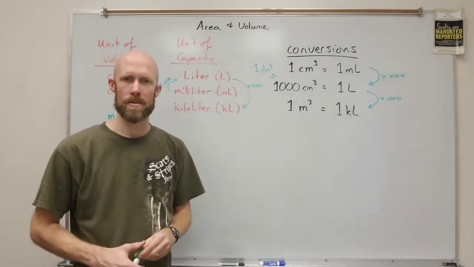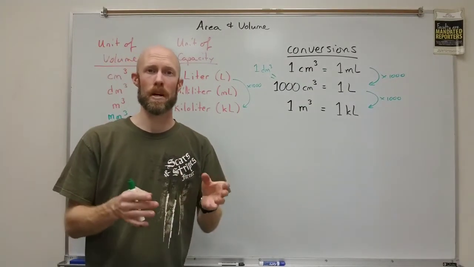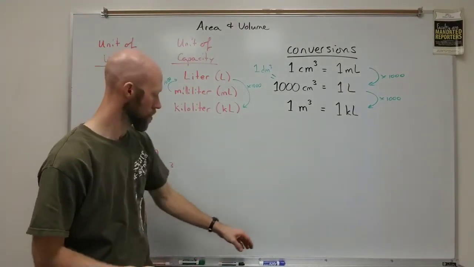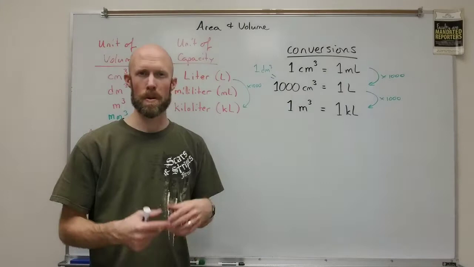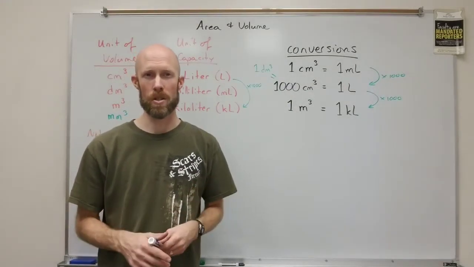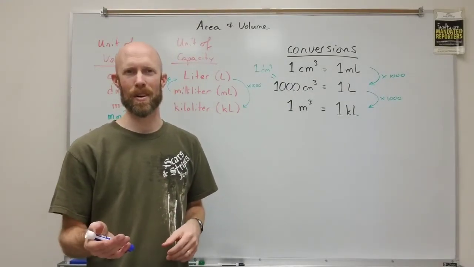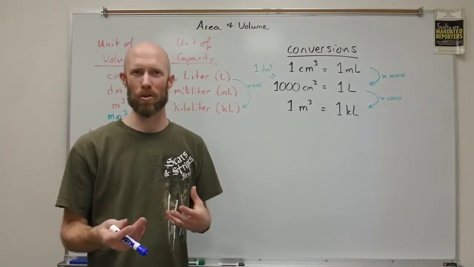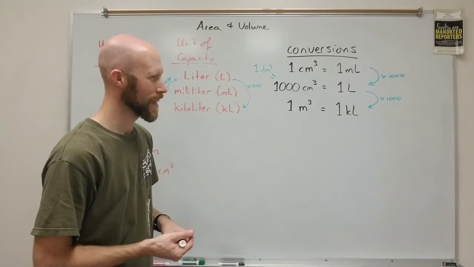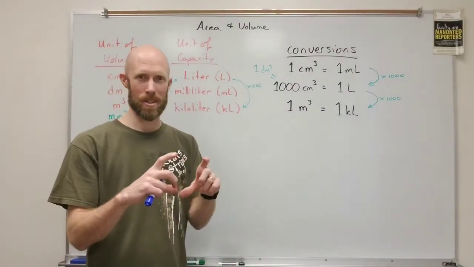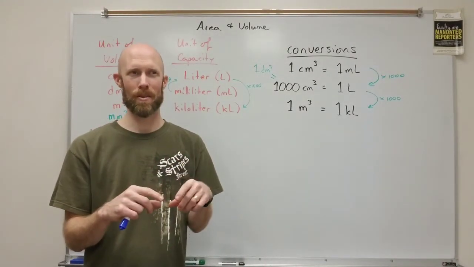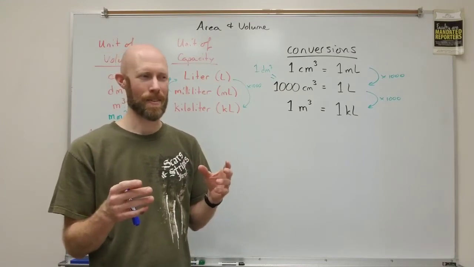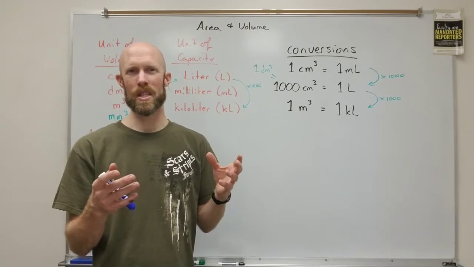Now we also have some conversions between English and metric capacities, which is another interesting thing to look at, especially when we're looking at medication dosages. My kids were actually recently sick, and I was giving them cold medicine, and the dosage on the bottle says for kids 2 to 6, give them 1 teaspoon.